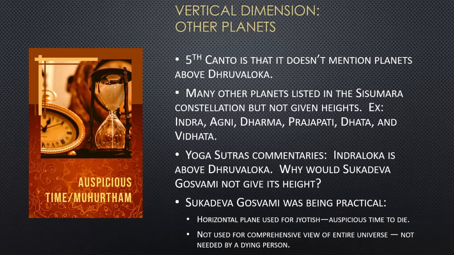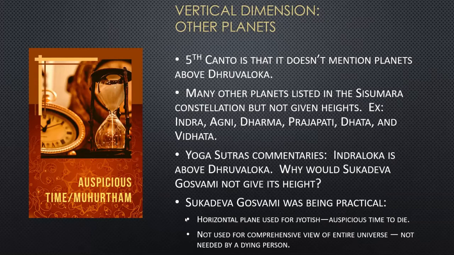If we're talking about all of these other planets, such as the moon, the stars, Mars, Mercury, Venus, why aren't we talking about Indraloka as well? And the reason that I want to convey here, which we see in our studies, is that Shukadev Goswami was probably being practical.